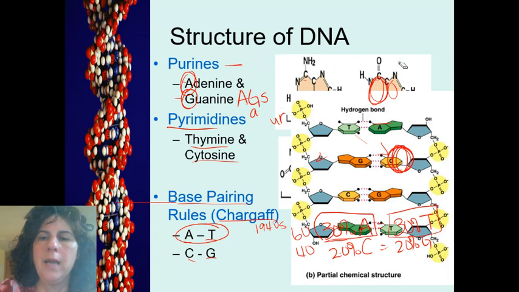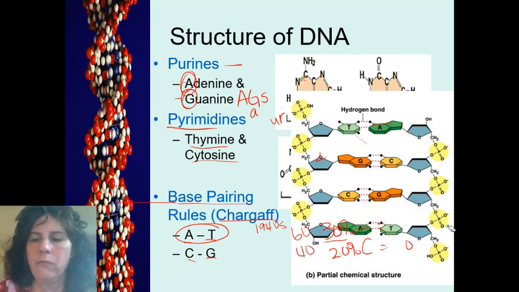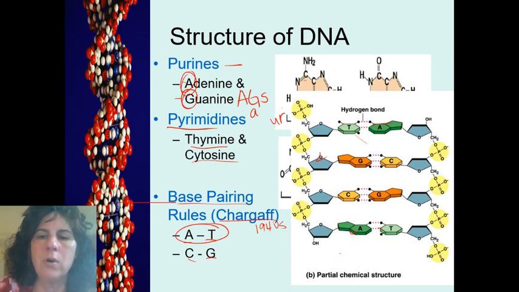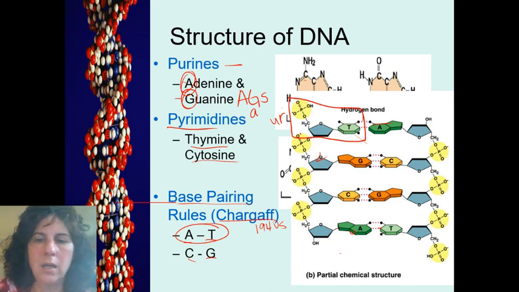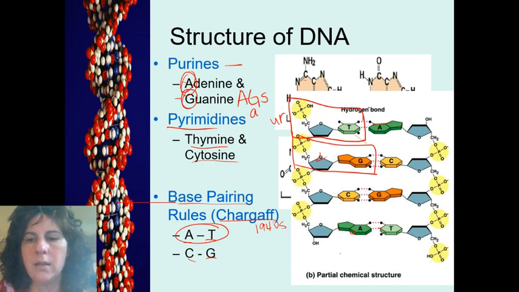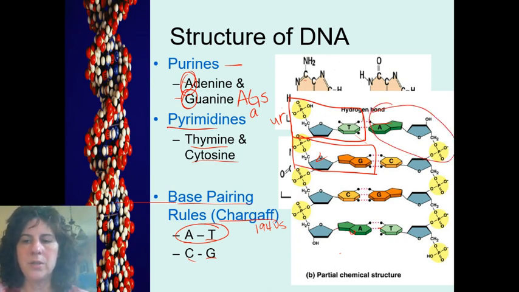So then what we have from this is a polynucleotide that is formed. Right here, I have one nucleotide. And then next to it, I have bonded to it a second nucleotide. And then if you look on the other side, I'm going to make a circle on that one. There's another nucleotide, and there's a next.